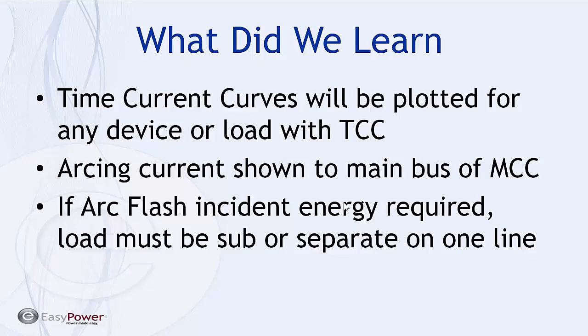For instance, if we wanted to include a relay at the top of the distribution system, we could just as easily include that if we wanted for some reason to coordinate it against the downstream loads. Okay, we're also showing that if the arc flash incident energy calculations are required, then the load must be separated.